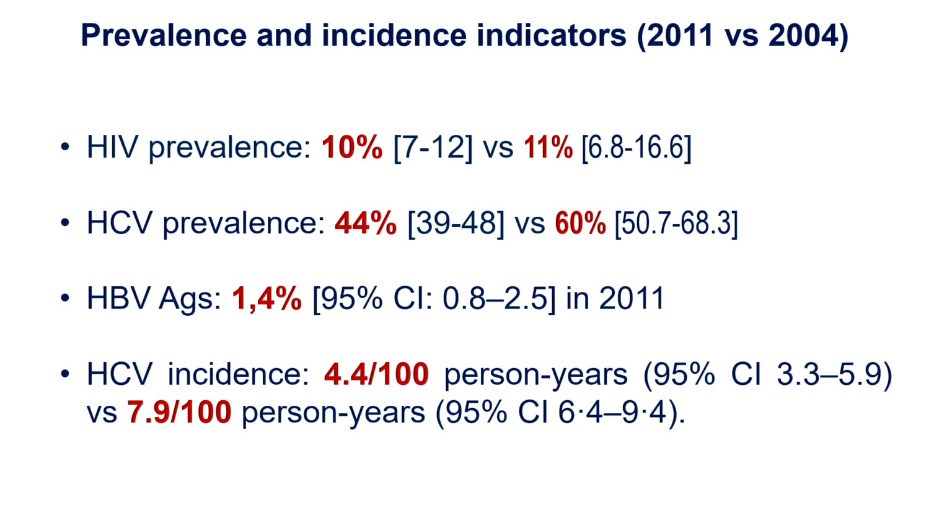With the comparison of the two seroprevalence surveys, we estimate that the HCV incidence was 4.4 per 100 person-years in 2011, and 7.9 per 100 person-years in 2024.